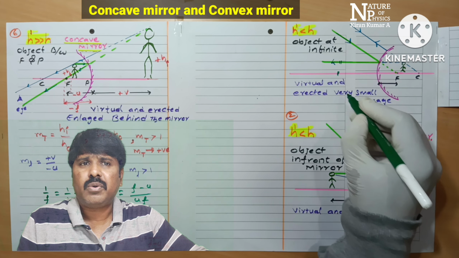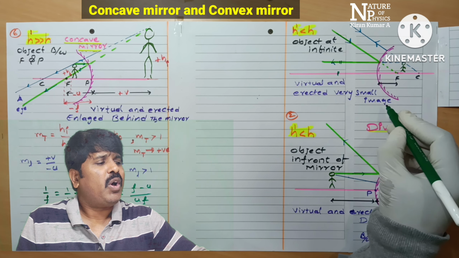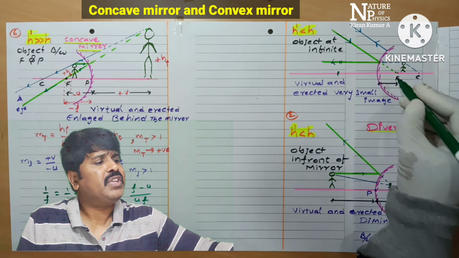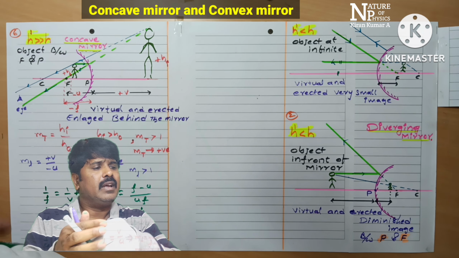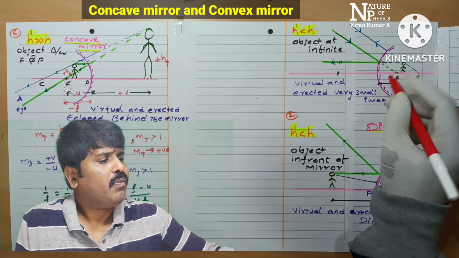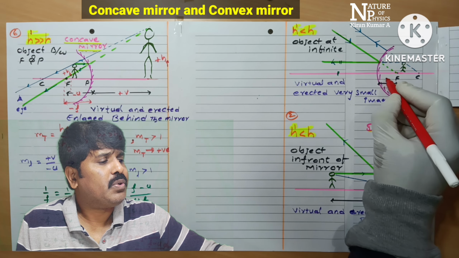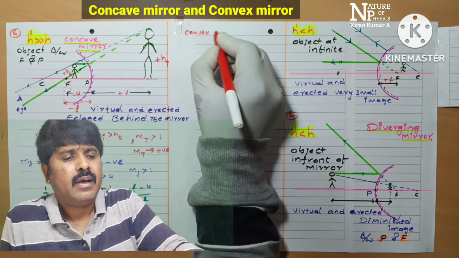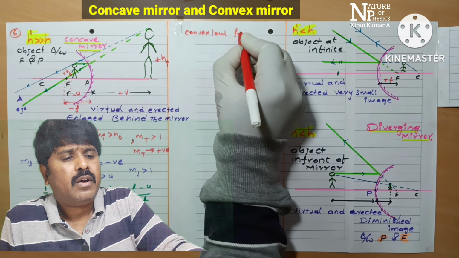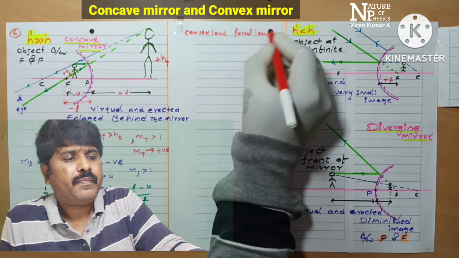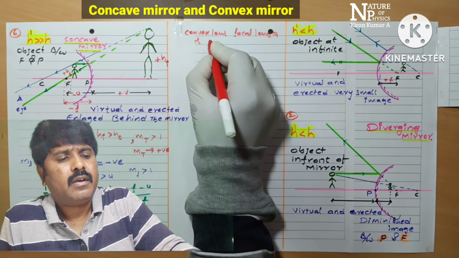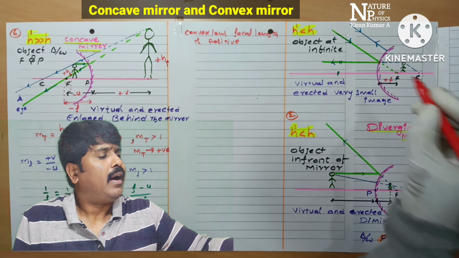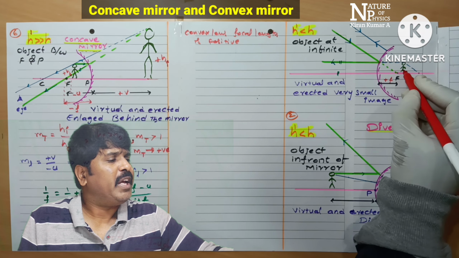This image is also virtual and erect, a very small image, student, and h dash is less than h. Next, this is the focal length. Focal length is positive. Student, here writing for the convex mirror, focal length is positive.